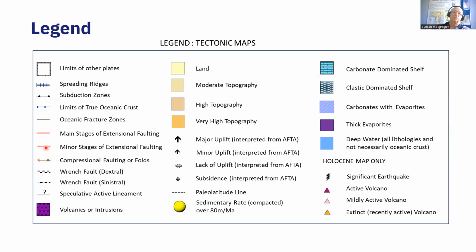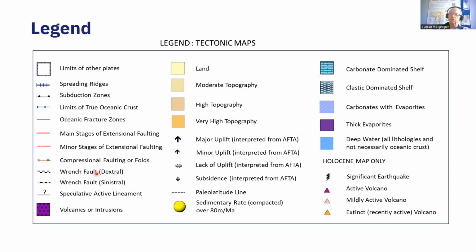You see a lot of these red lines. The solid ones are the main stages of extensional faulting, and the dashed lines are more minor stages. Then these purple-brown crosses are compressional folding and faults, which can be anywhere from a large overthrust to a relatively minor inversion structure, concentrated in the north of the continent.